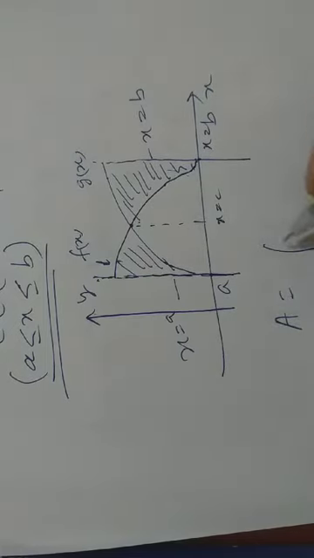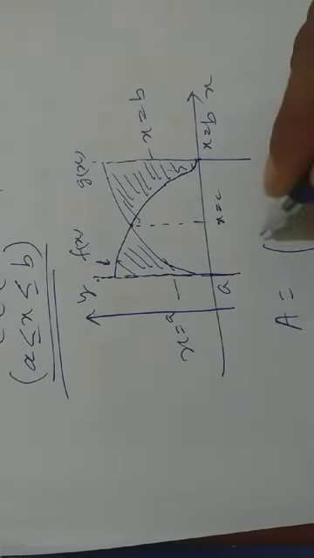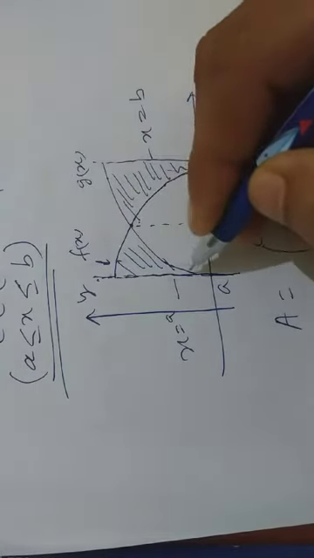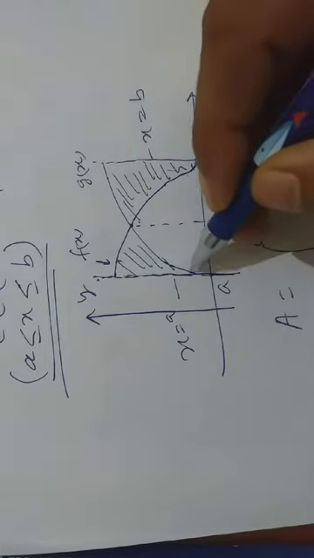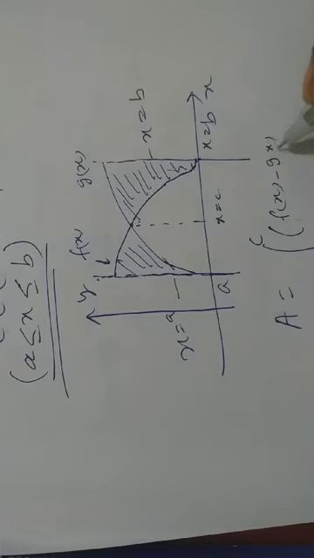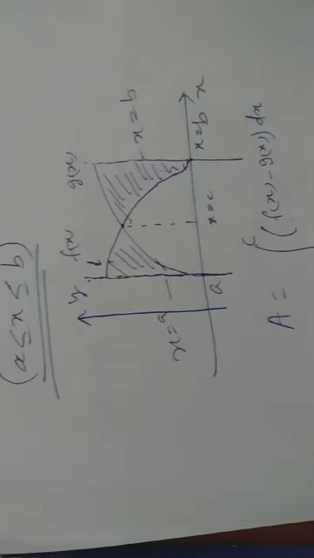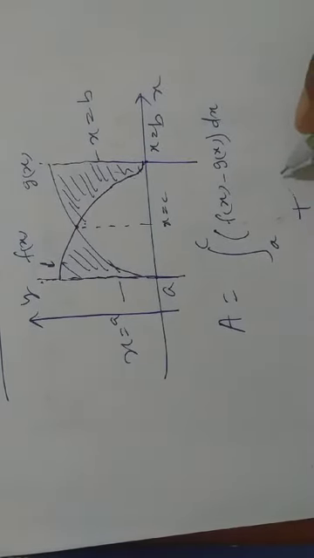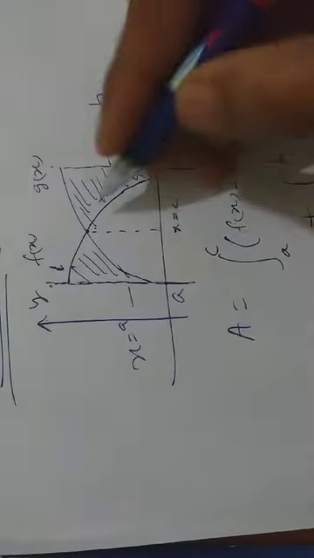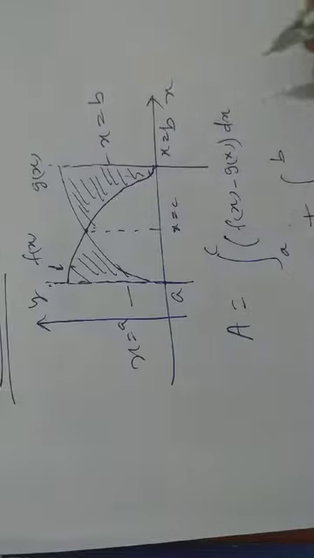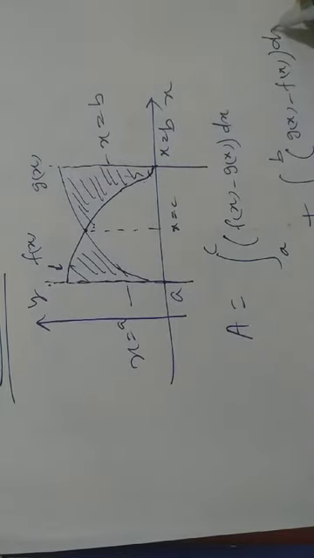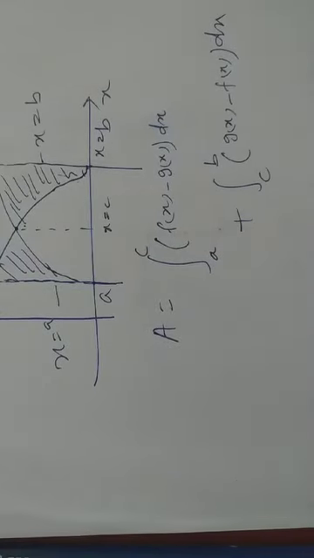Then the required area is integral a to c, curve y equal to f(x) is above and y equal to g(x) is below, so we can take f(x) minus g(x) dx, this is a positive value, plus integral c to b, g(x) is above and f(x) is below, so in bracket g(x) minus f(x) dx. This is the required area.